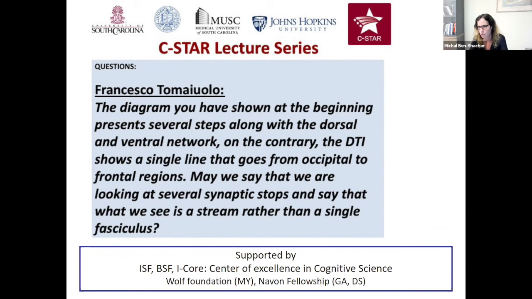Sometimes the associations are found in the inferior longitudinal fasciculus, in the uncinate fasciculus. It's very likely that they concern several different pathways in the ventral stream, and not specifically the direct connection between the occipital and the frontal lobe, if it exists. So I hope this answered the question, but if not, just let me know.